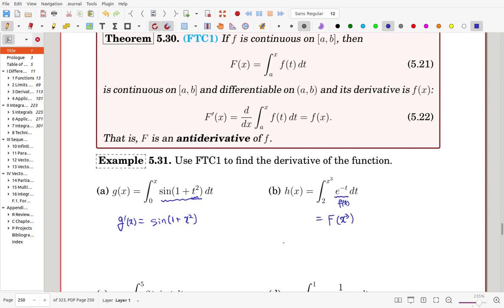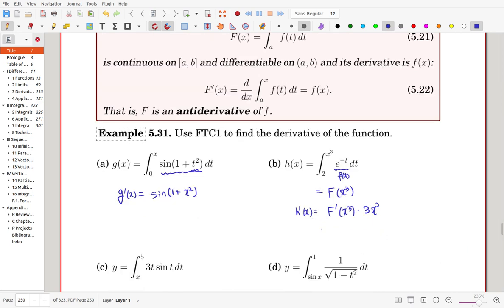If you take the derivative, then h prime of x is the derivative with respect to x cubed, so f prime of x cubed, times the derivative of x cubed, which is 3x squared. We use the chain rule, right?